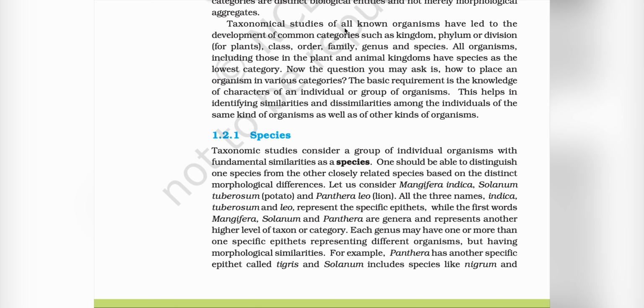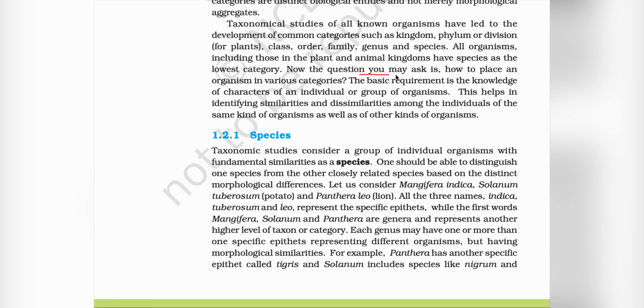Taxonomical studies of all known organisms have led to the development of common categories such as kingdom, phylum for animals, or division for plants, class, order, family, genus, and species. All organisms, including those in the plant and animal kingdoms, have species as the lowest category.